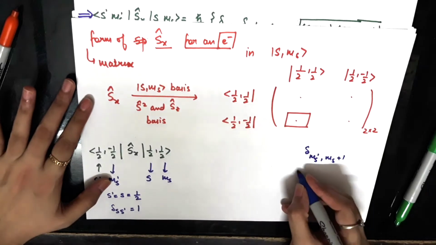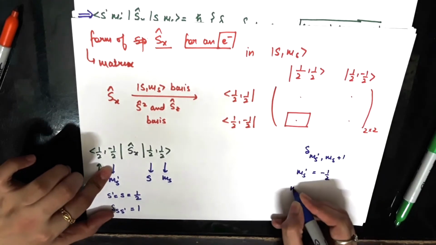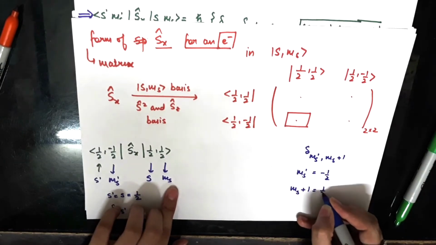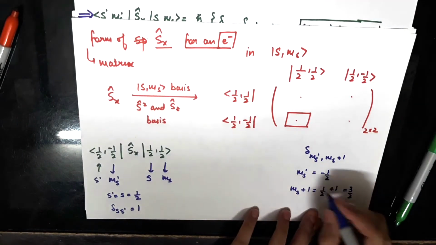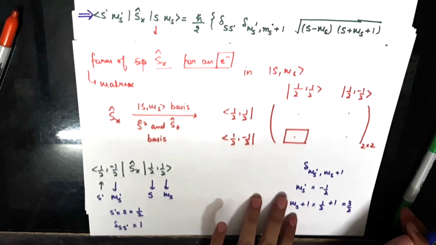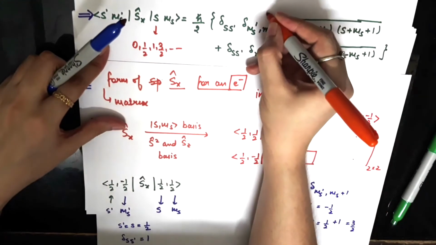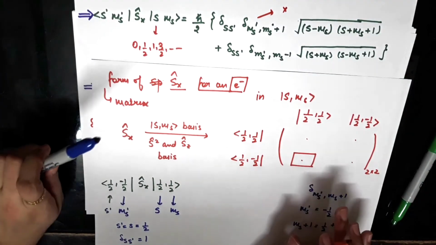I have MS prime equal to minus half and MS equal to plus half, so MS plus 1 would be plus half plus 1, which is 3 by 2. These are not equal, so this Kronecker delta gives me 0, and this first term would not survive for this matrix element.